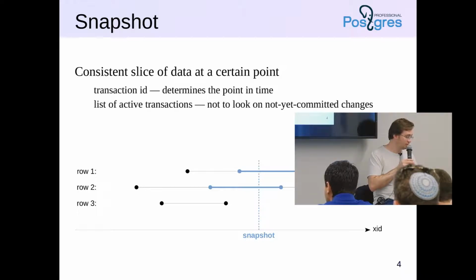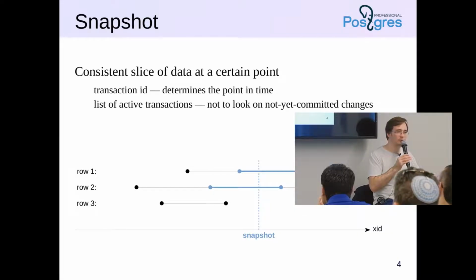And we must choose one version of each row, no more than one version. For example, for row 1, we have two versions. At the moment when we create the snapshot, the second version was the actual version, so it gets into our snapshot.